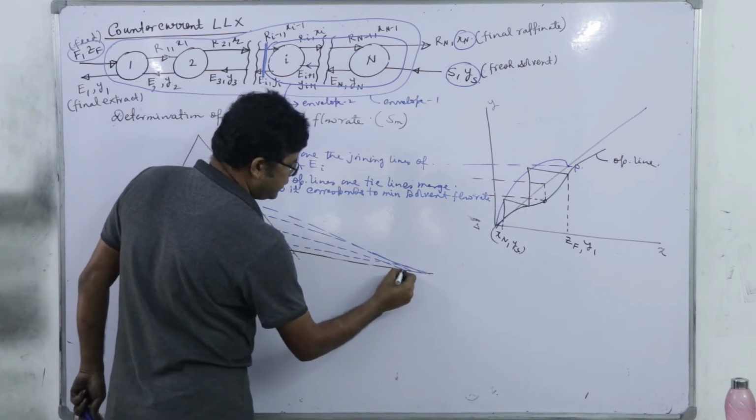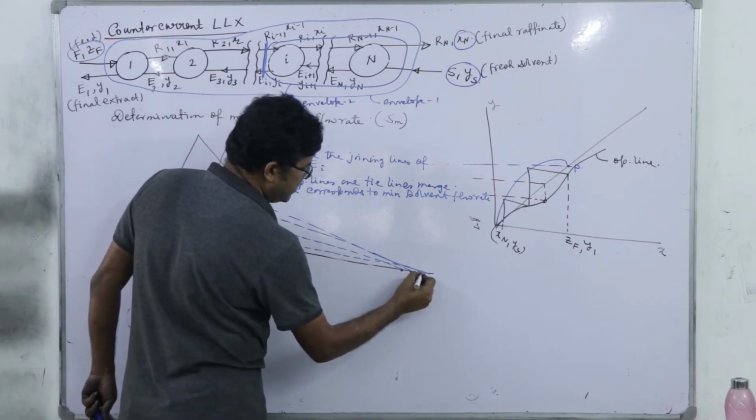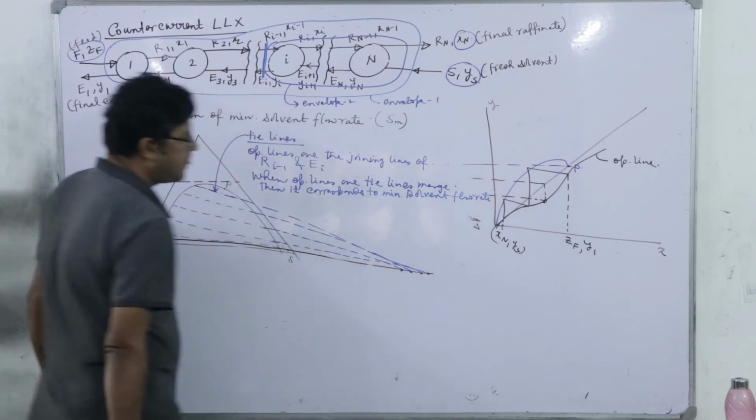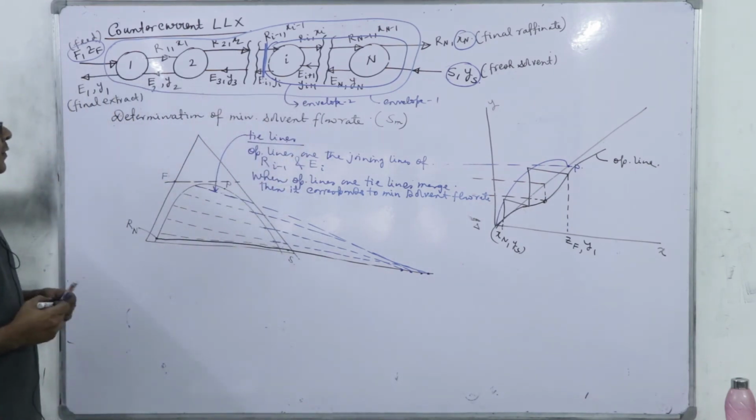Etc. etc. So, they intersect at here, here, here and here. Okay. So, what is the theory?